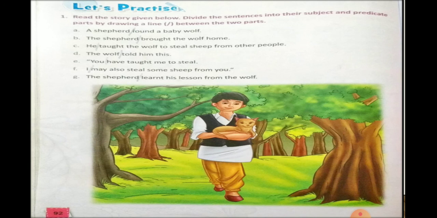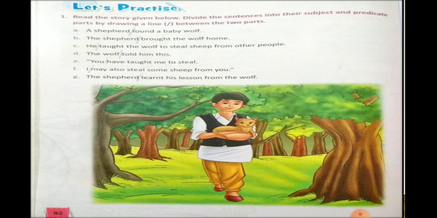Who taught the wolf to steal sheep from other people? Yes, he. So he is your subject. After he you will draw a slanted line because it is the subject, and taught the wolf to steal sheep from other people is your predicate.